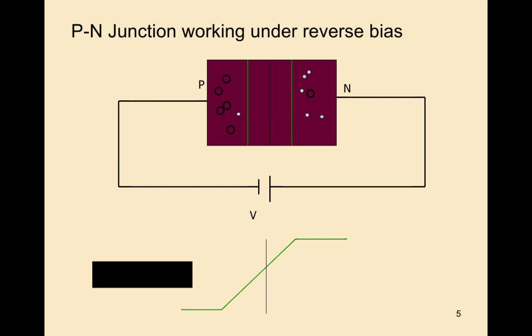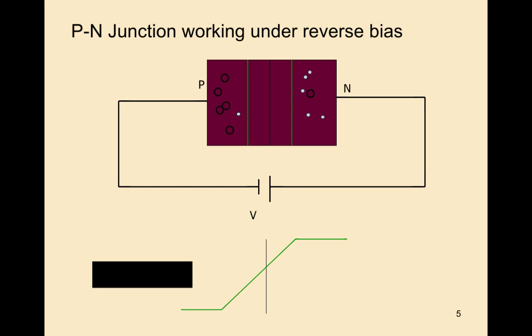These electrons are attracted towards the p side of the diode. In the same way, holes are attracted towards the inside of the diode. So we are connecting in reverse: battery negative is connected to the p side, and battery positive is connected to the n side. In this way you connect the diode in reverse bias mode.